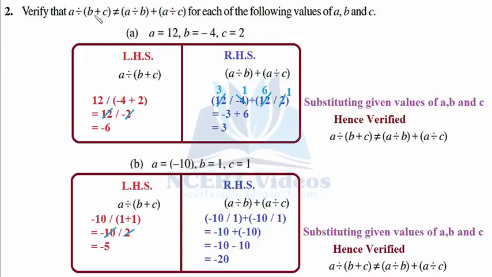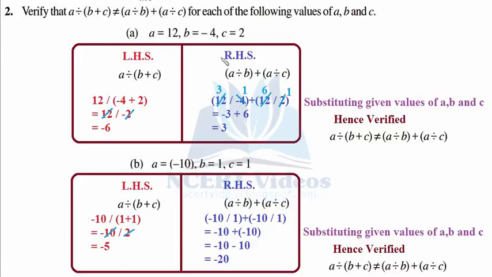We cannot say A divided by B plus A divided by C as we did in case of multiplication, because multiplication is associative in nature, for each of the following values of A, B, C. So what we are doing here, we are taking the values of A, B and C and putting them in this equation. So this is your left hand side and this is your right hand side, as we did in previous questions.